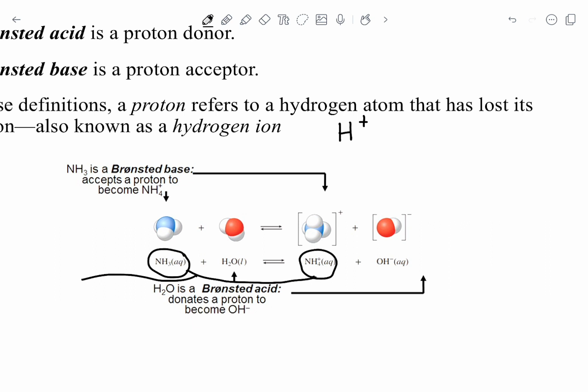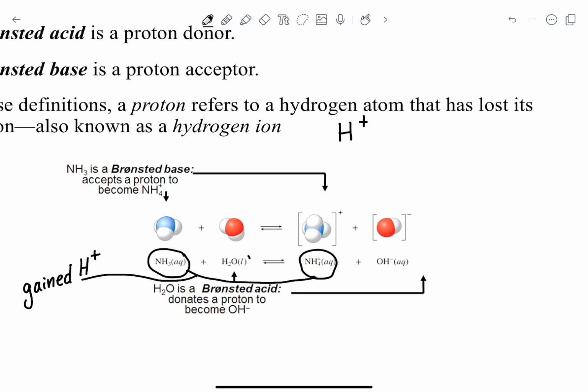So it has gained a hydrogen ion, I should be specific. So it accepts the proton in order to become NH4+. So we say that NH3 is the Bronsted base in this reaction.